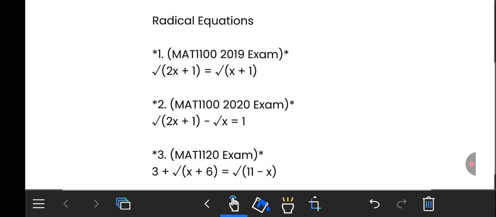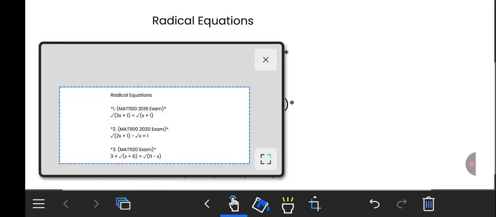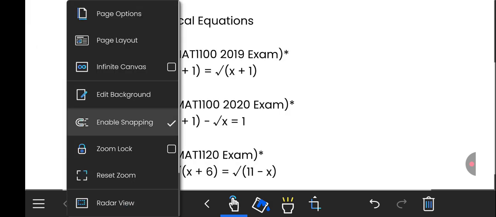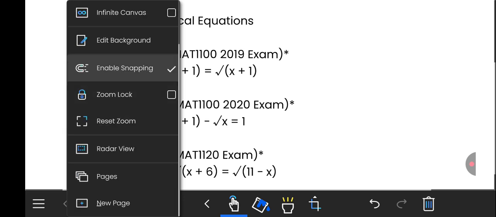So how can you solve radical equations? Before we can do this topic, let's remind ourselves of what we need to do.